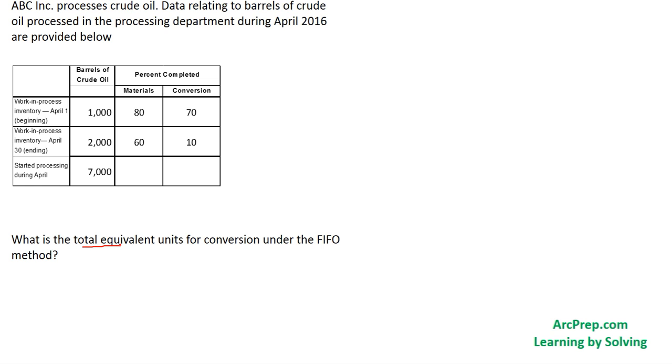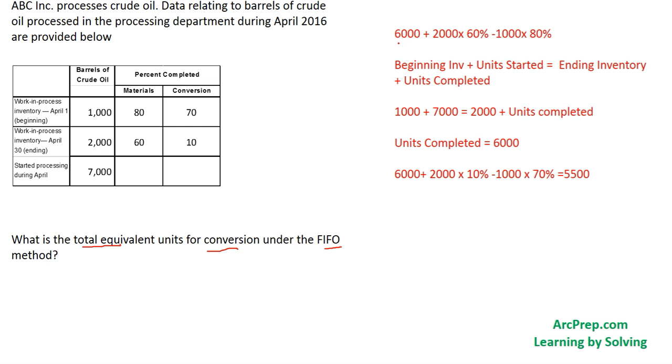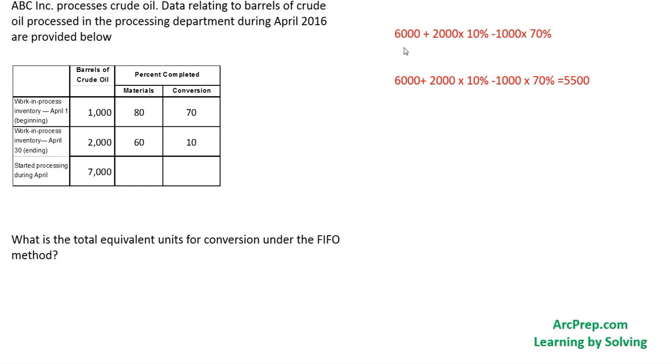The total equivalent units, let's do it for FIFO again, this time for conversion. Now, I know that I completed 6,000 units that are 100% complete. 2,000 units are 10% complete, which means 200 units that are complete.